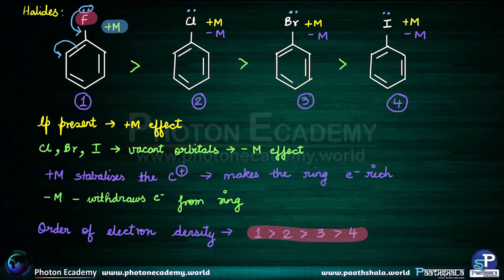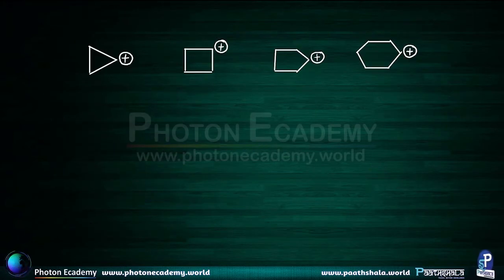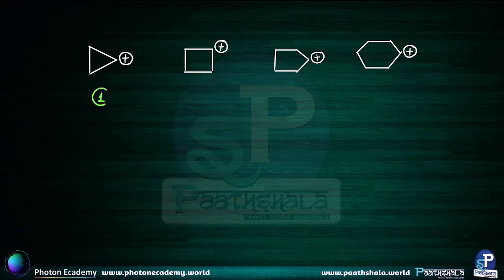Now, moving on, we have another example, which are all cyclo compounds. Cyclo means they are all closed compounds. We have the first one, cyclopropane, then cyclobutane, cyclopentane, and cyclohexane.